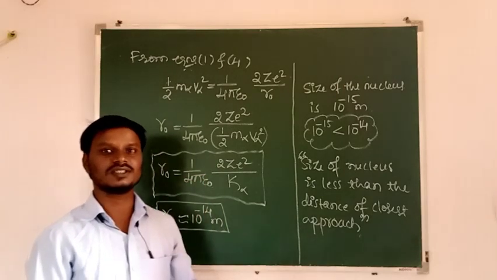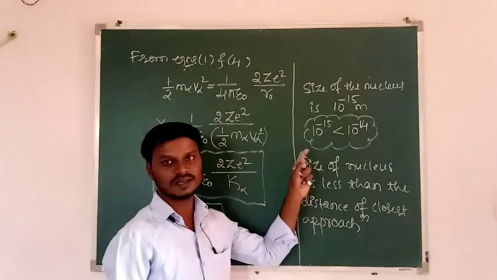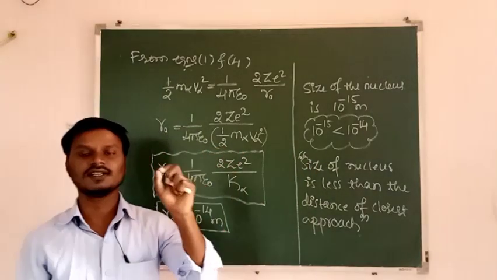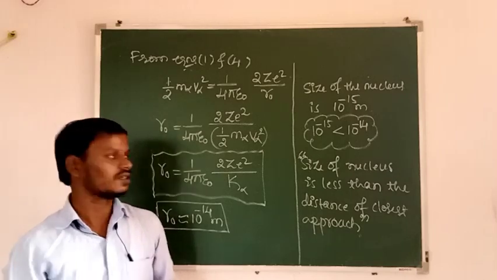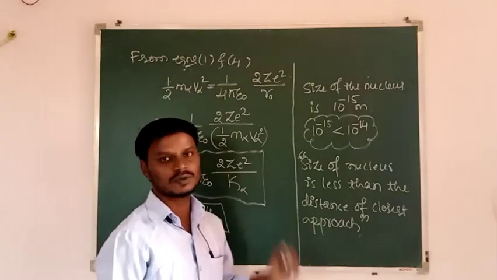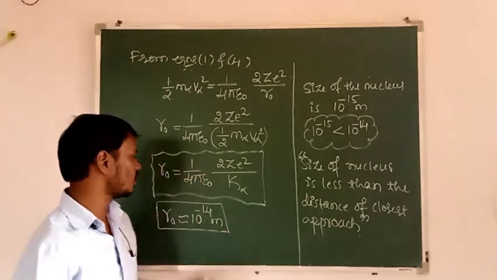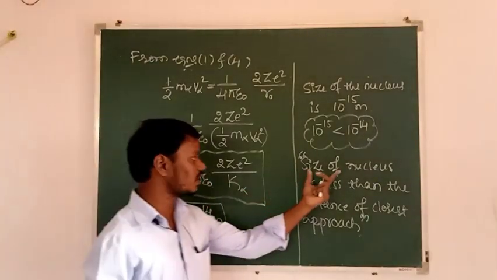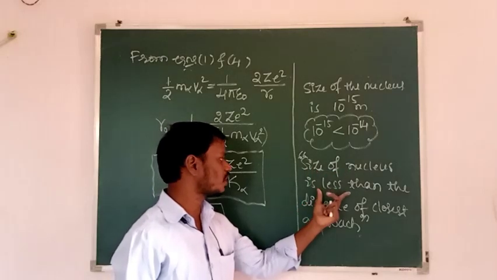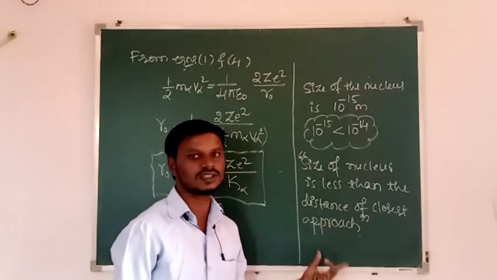And one more definition, it is the minimum distance of the alpha particle from the nucleus at which the alpha particle turns back by an angle of 180 degree. So this is all about the distance of closest approach, and it is a neat application. Remember this formula and remember this sentence: the size of the nucleus is less than the distance of closest approach.